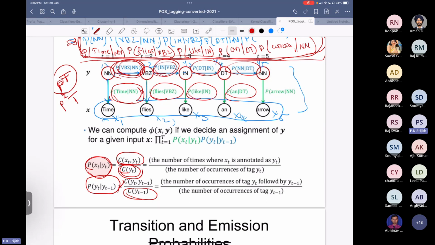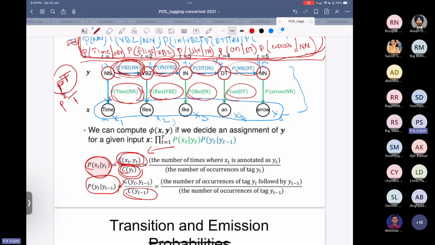Okay, so this way of computing these conditional probabilities is also known as the maximum likelihood estimate of the probabilities. And many times, you don't just simply rely on this number, but you also do some kind of smoothing. Most likely Professor Mananda will talk about smoothing in some class.